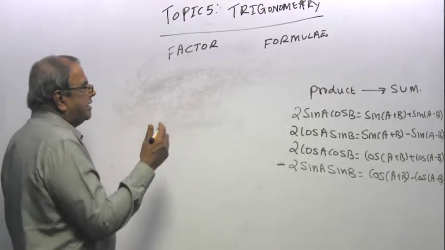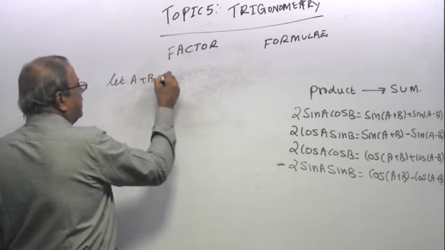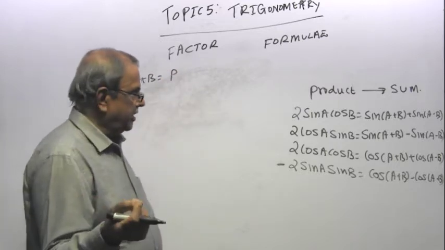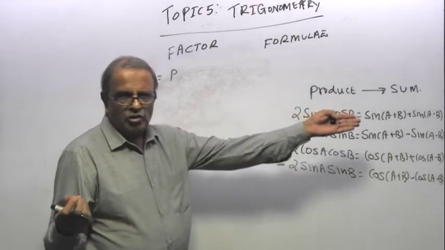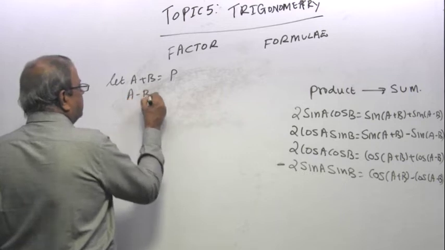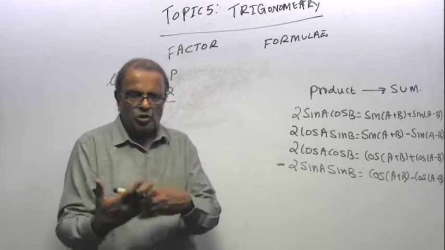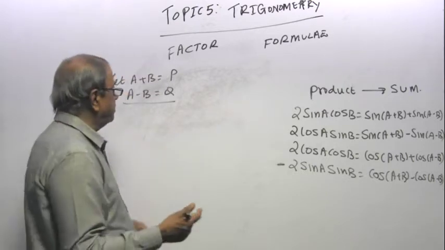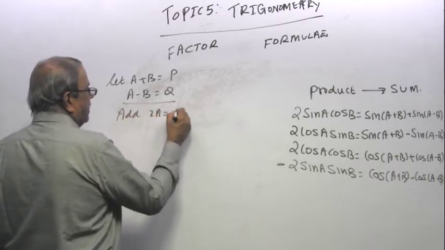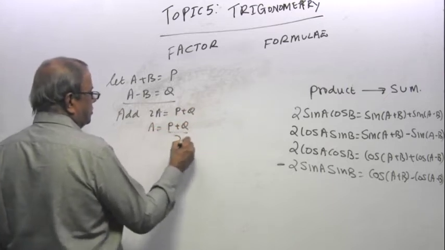But for a moment, let A plus B be equal to P. I'm using the same letters as in your formula book. These formulae you don't have to remember, you can deduce them from the formula book. And A minus B equals Q. I want to find what A is in terms of P and Q, and what B is in terms of P and Q. What happens when you add? 2A equals P plus Q, or A equals P plus Q over 2.